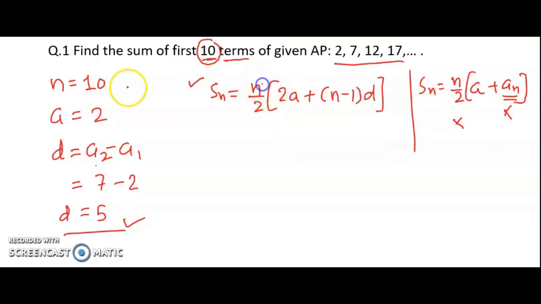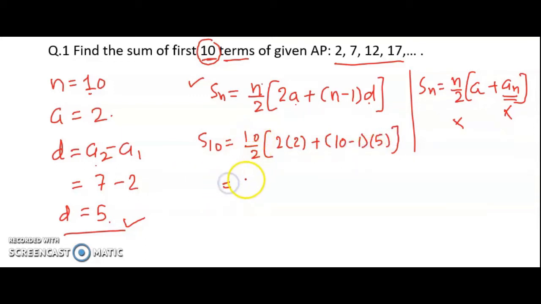Here n is given, that is 10. A is given, and d we will find out. So we can use the first equation directly. Sum of first 10 terms: here we put n equal to 10. So 10 divided by 2, into 2 times a, which is 2, plus n minus 1, that is 10 minus 1, and d is 5.